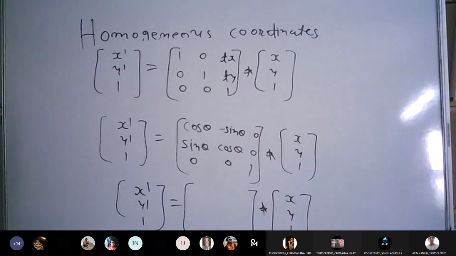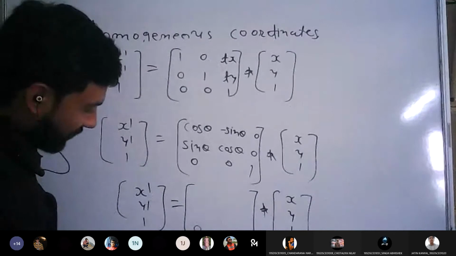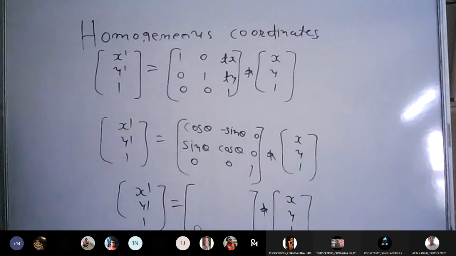The equations for scaling are x' is equal to x into sx, y' is equal to y into sy. What to write here? Sx 0 0. Smith is saying the last row is 0 0 1. You're right. This is what you got from today's session, 0 0 1. What about the first two rows? Sx 0 0.